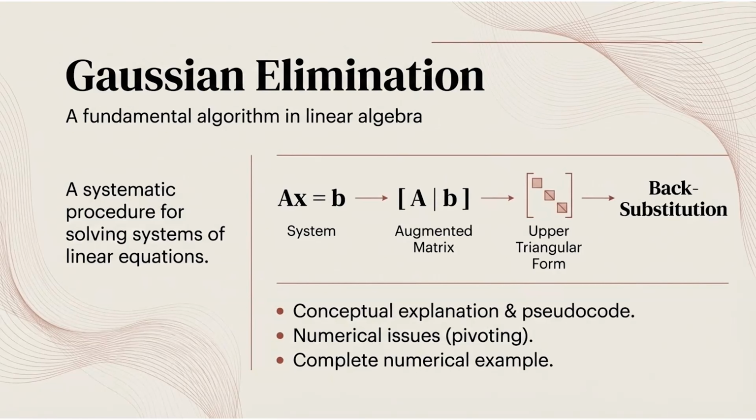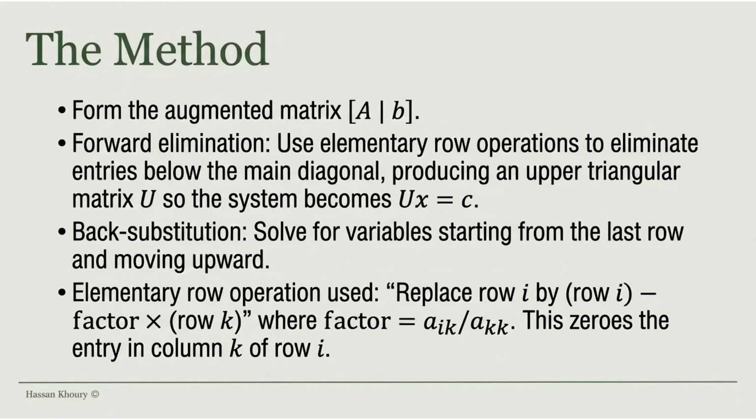Now I will give you a conceptual explanation and pseudocode, and then I will give you the numerical issues, that means pivoting, and a complete numerical example. So the idea behind it is that first of all we will form an augmented matrix out of the system of linear equations, and then I will implement the forward elimination.